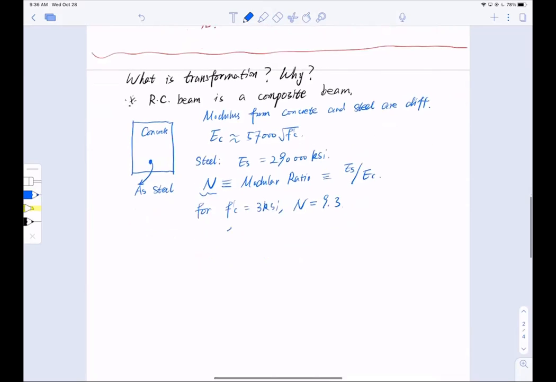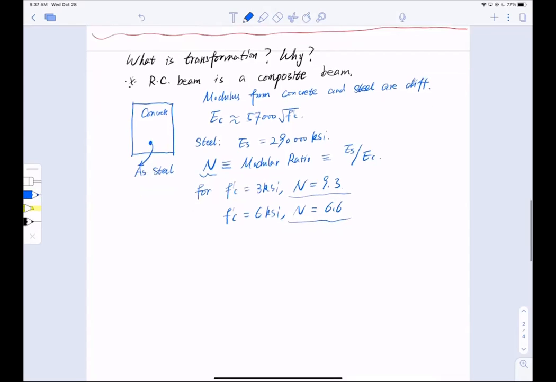For a higher strength of concrete, say 6 ksi, this number drops a little bit, but still has a value of 6.6, almost 7 times higher than concrete.